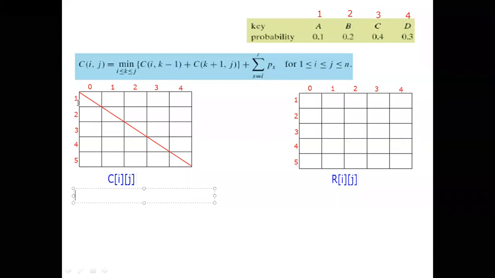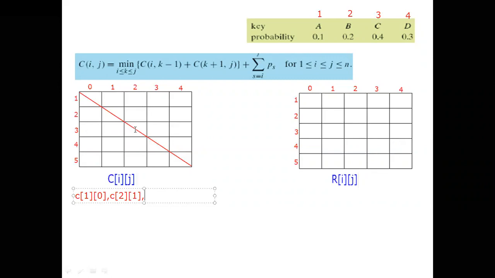See, the first one is array name C of 1, 0. This particular square, I will write that one: C of 1, 0. I hope it's clear. Which is the next square? This square. What is the value? C of 2, 1. Which is the next square?